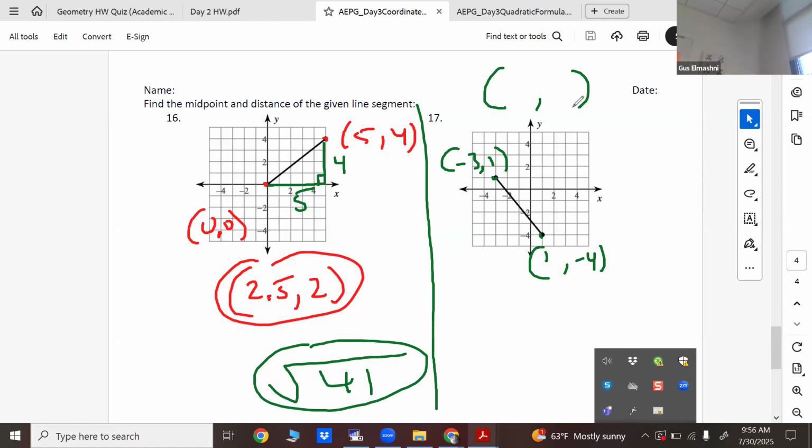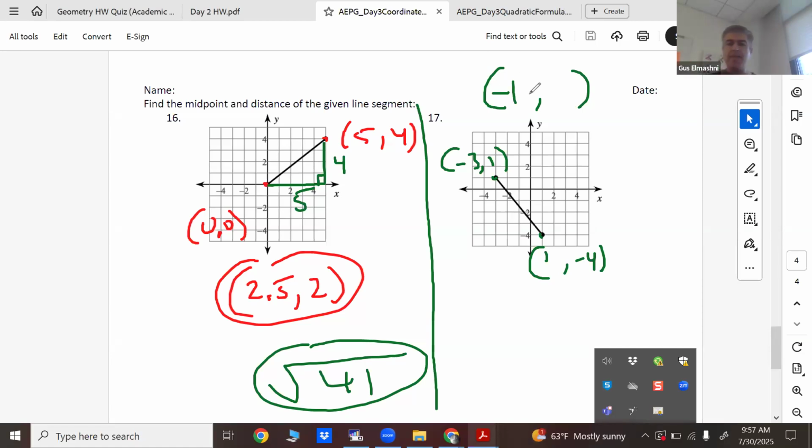If I try to meet in the middle, where are they going to land? Close. -1. Because you're taking the average. It's okay. You're taking the average. And then how about the y's? That's going to be a fraction, right? We go from 1 to -4. So that's going to be -1.5. Yeah.